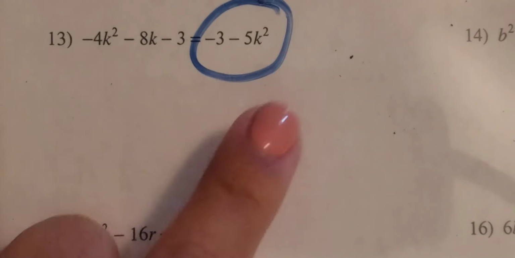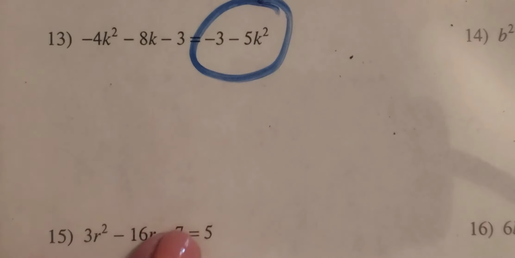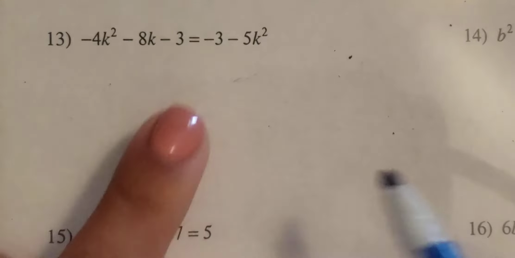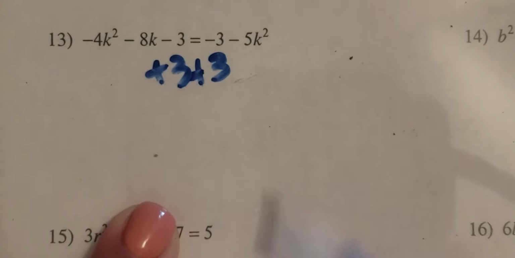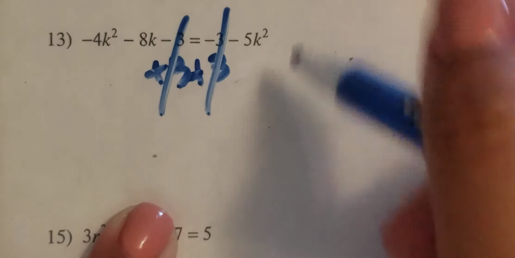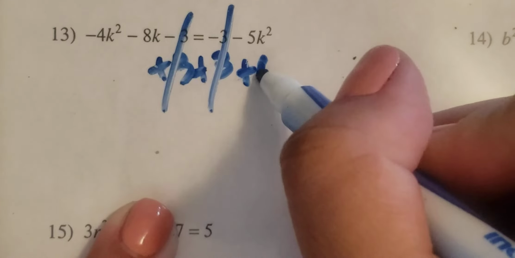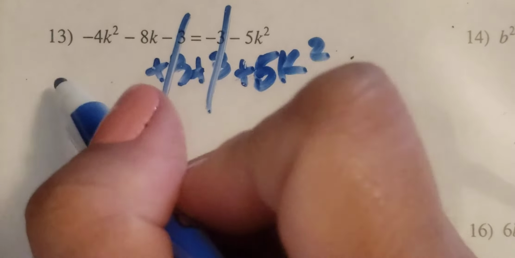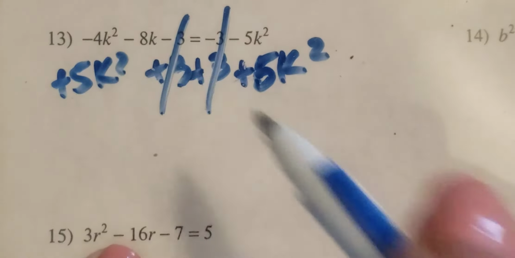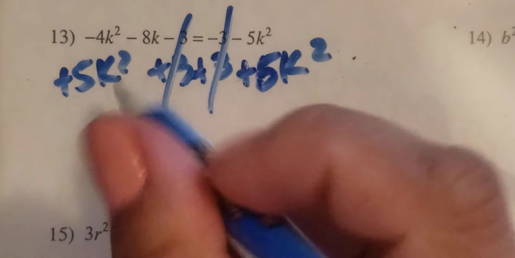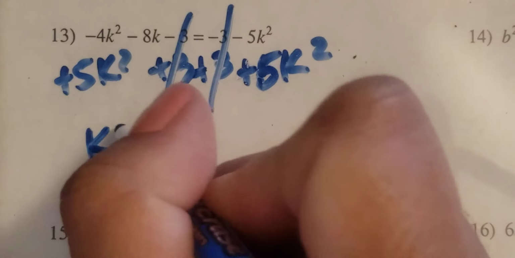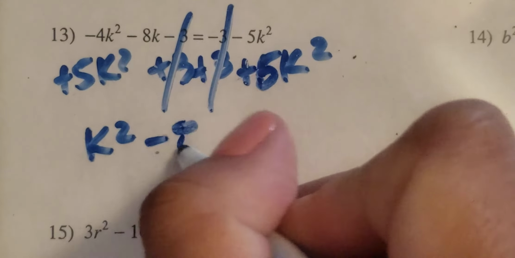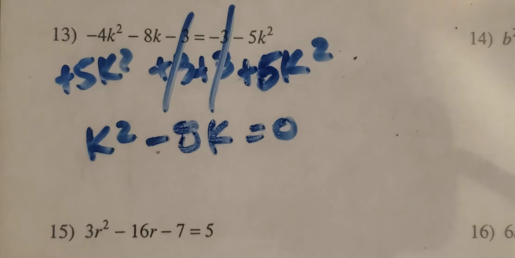So in order for us to make this equal to 0, we're basically going to get rid of -3 by adding 3, okay? And if you notice, the 3's will cancel out on both sides, and then we're going to be adding 5k squared, okay? All right, so now we're left with, ready? -k squared plus 5k squared, that's going to be k squared minus 8k, and that'll be equal to 0.